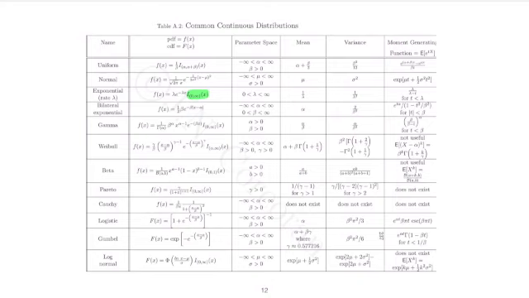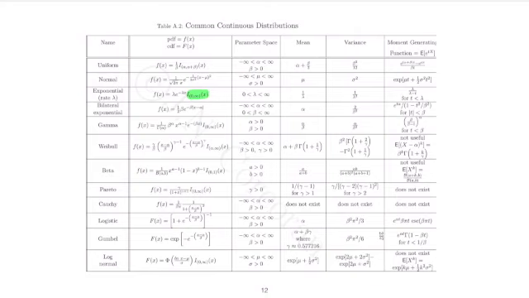So what I've highlighted here is an indicator function, and what it says is that the value of this indicator function will be 1 if x falls in the interval listed there. So that means if x is between 0 and infinity, so if it's a positive number, then that indicator will be 1, and that leaves us with the exponential PDF of lambda e to the negative lambda x.